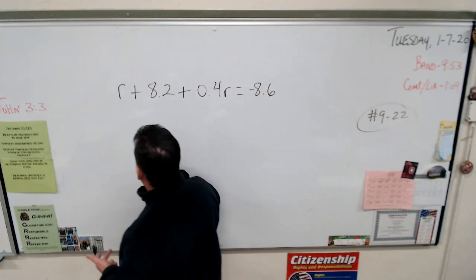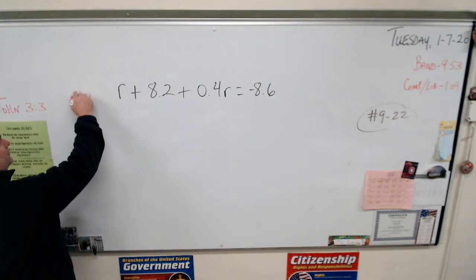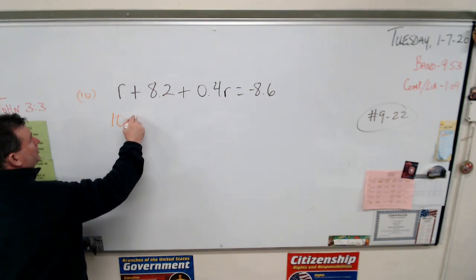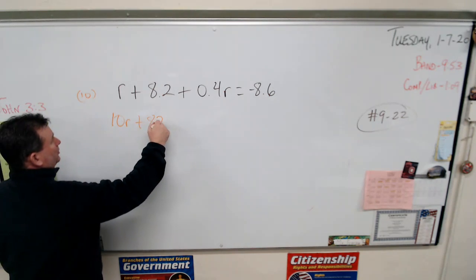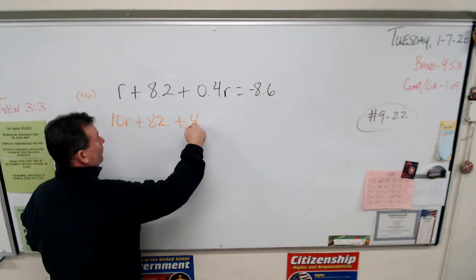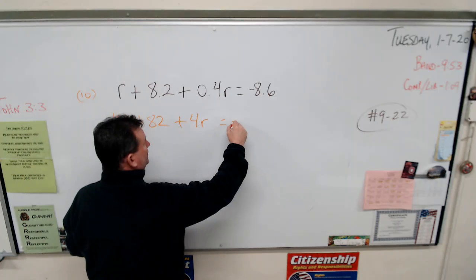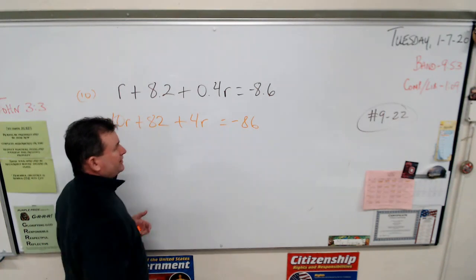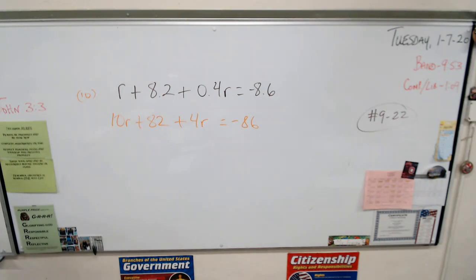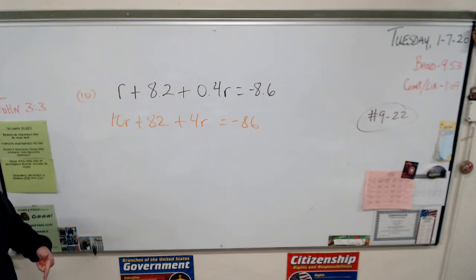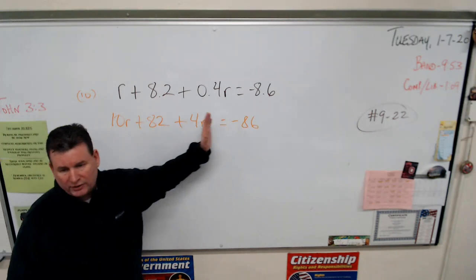So I've got 10R plus 82 plus 4R equals negative 86. If you don't understand how I got from brown to orange, raise your hand and we'll go through it again. This got rid of all decimals.